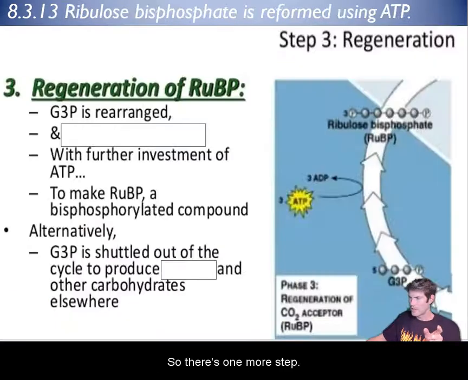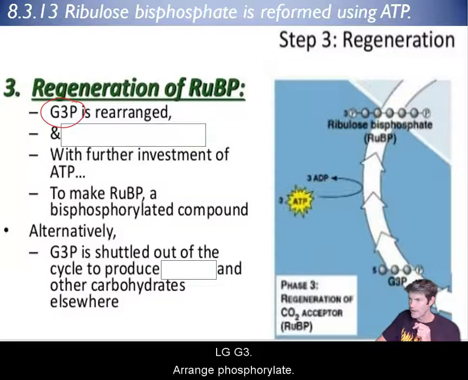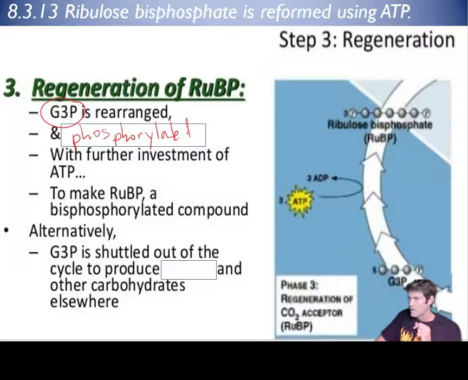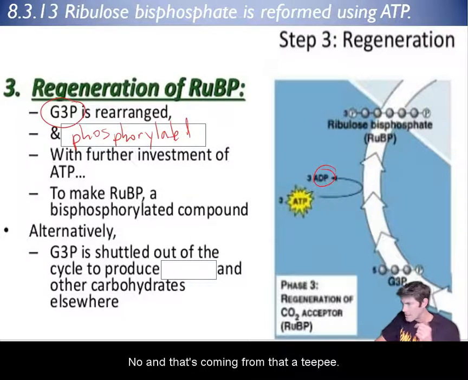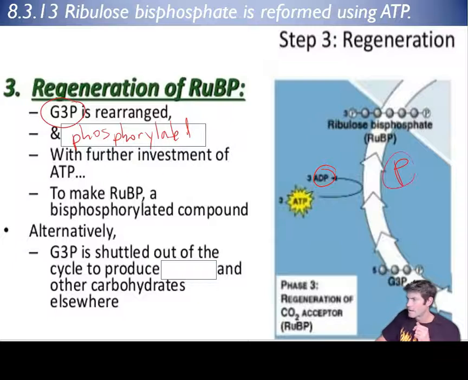So there's one more step. We have to add energy here to recreate this RUBP from our G3P. So G3P rearranged, phosphorylated, and that's coming from that ATP. Okay, phosphate is added.